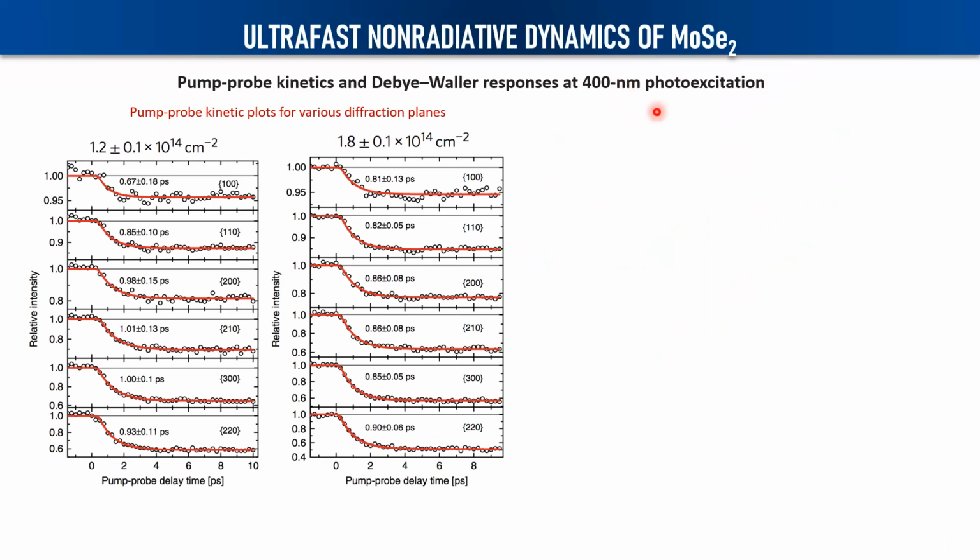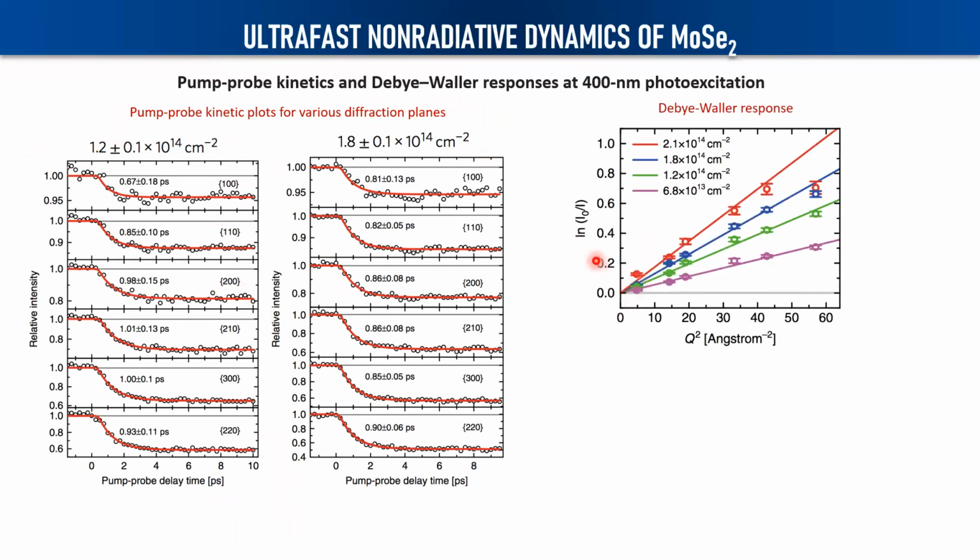The reason is that 400 nanometer excitation gives rise to a large number of hot electrons, whereas 800 nanometer excitation gives rise to band-edge carriers. Here you can see how the intensity varies for the different diffraction spots, corresponding to the different planes. These are the different incident optical pulse energies, which give rise to the different carrier densities indicated here, and this is the change in intensity as a function of Q squared, corresponding to the different diffraction planes.